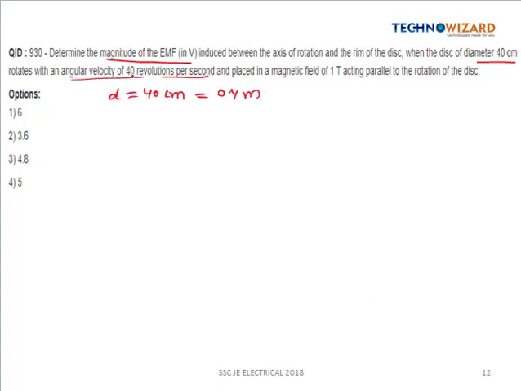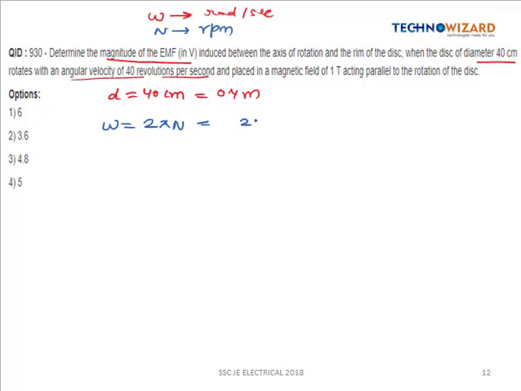This is not the angular velocity, because we know that angular velocity is denoted by omega and its unit is radian per second, but this is given in revolution per second. So revolution per second is n. We know that omega will be equal to 2 pi n. From here we will find the value of omega, the angular velocity.